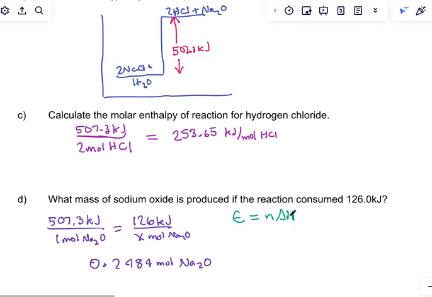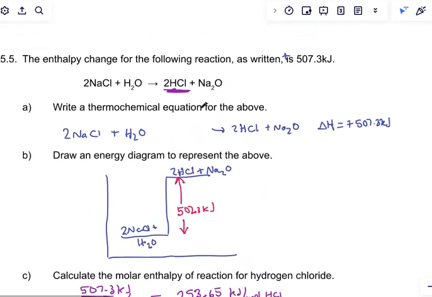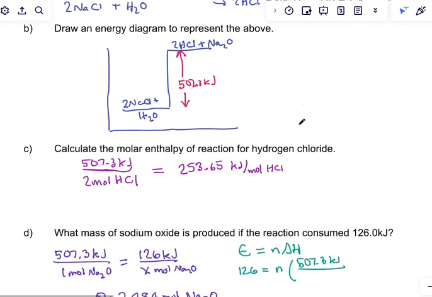If you're not into cross multiplying, your other option is to use n delta H. In this case, we would say the energy I'm investing is 126 kilojoules. n, don't know, not sure how much sodium oxide I'm going to get. Delta H would be 507.3 kilojoules per, in this reaction it's 507.3 per 1 mole of Na2O.